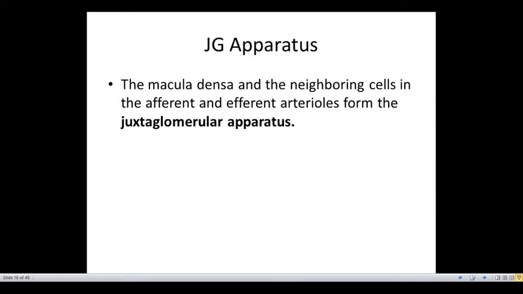The macula densa and the neighboring cells in the afferent and efferent arterioles form the juxtaglomerular apparatus.